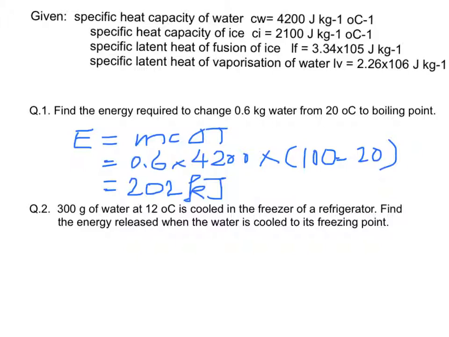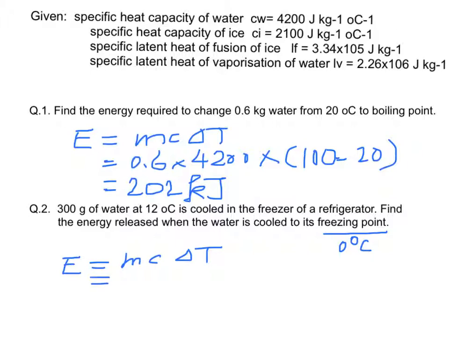Question number 2. 300 grams of water at 12 degrees Celsius is cooled in the freezer of a refrigerator. Find the energy released when the water is cooled to its freezing point. The freezing point of water is 0 degrees Celsius. Therefore, the energy released E will be equal to mc delta T, where delta T is the temperature decreased.